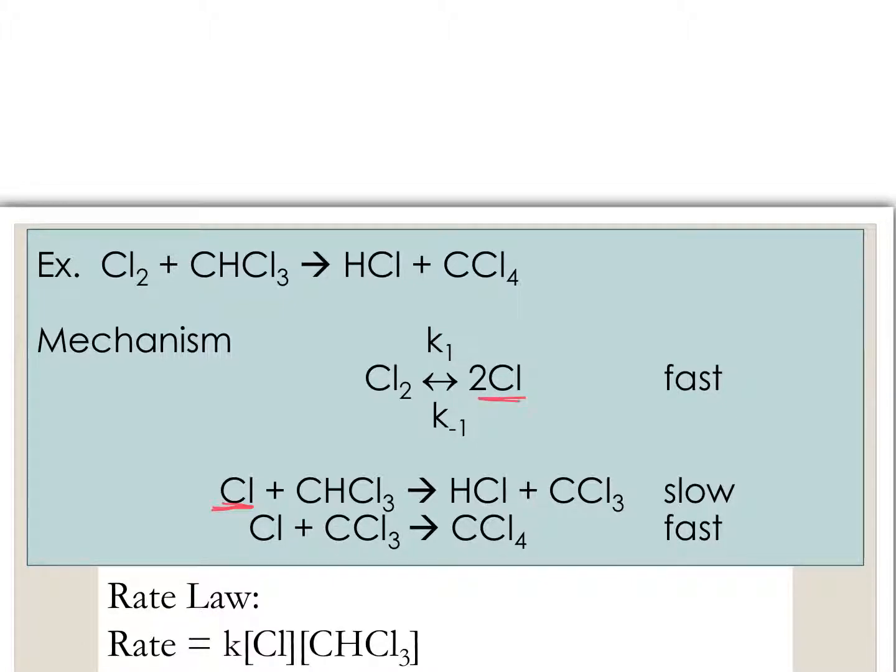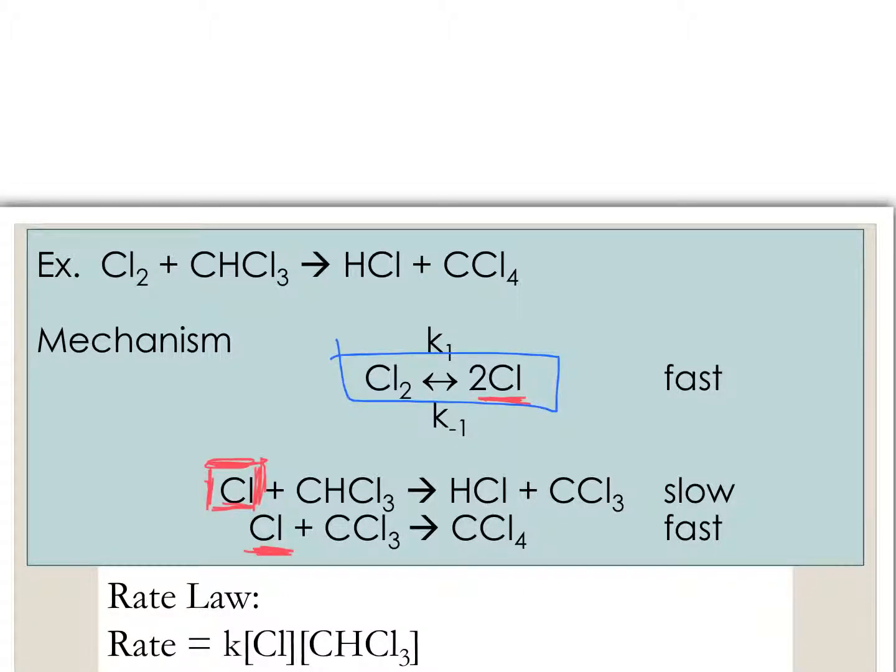Okay? It's produced and used up. So I have to replace this Cl with a different Cl. I need to look for one that's in equilibrium so I can compare rates going forwards and backwards. So I'm going to be using this one up here to substitute.